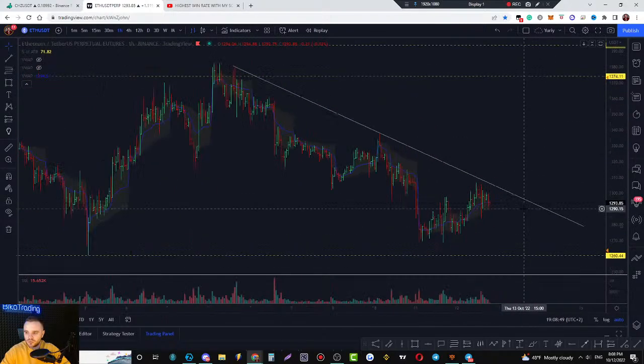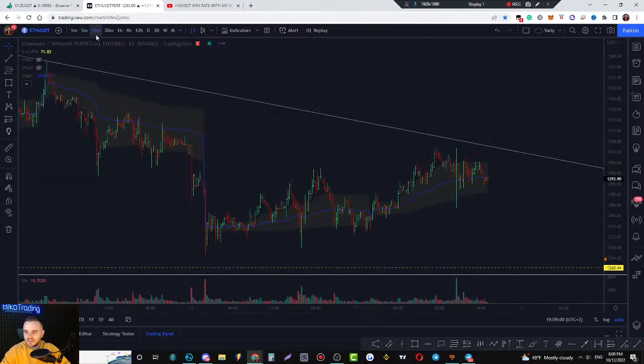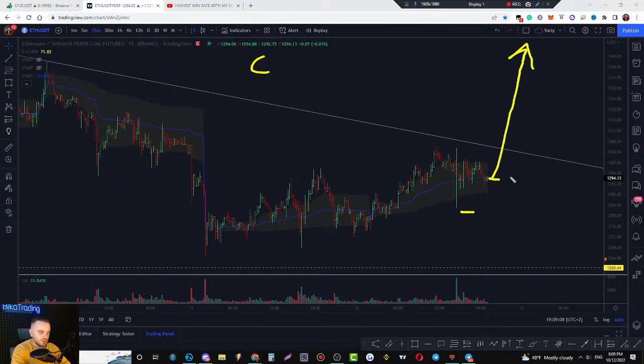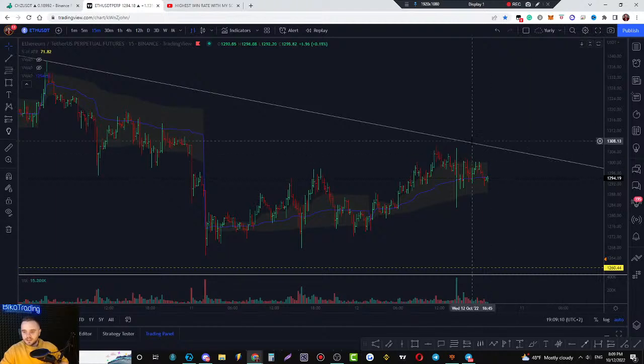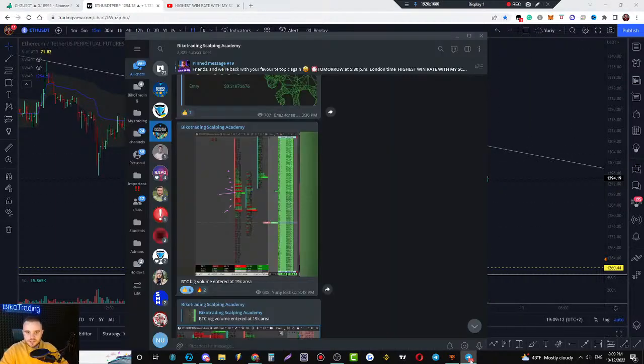Some small volume entered, but it wasn't ridiculously high volume that could change the destiny of ETH. So it's possible to take a local long, but do not take it with a huge amount of money. Okay, let's take some long on Ethereum.